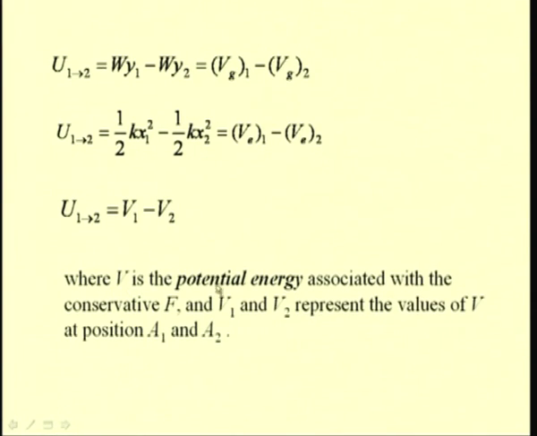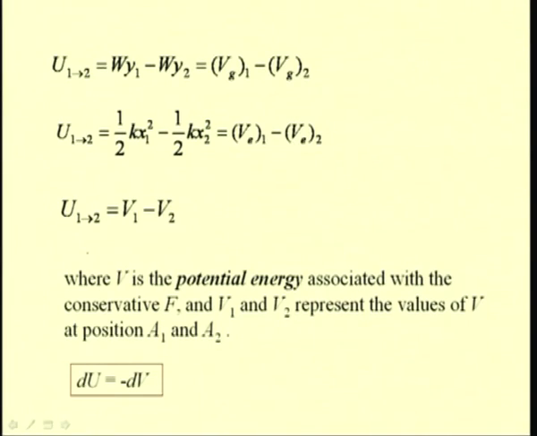So, this V is the potential energy associated with the conservative force, and V1 and V2 represent the values of this potential energy for the positions say A1 and A2. This is true for both the conservative force, that is weight, and the conservative elastic force.